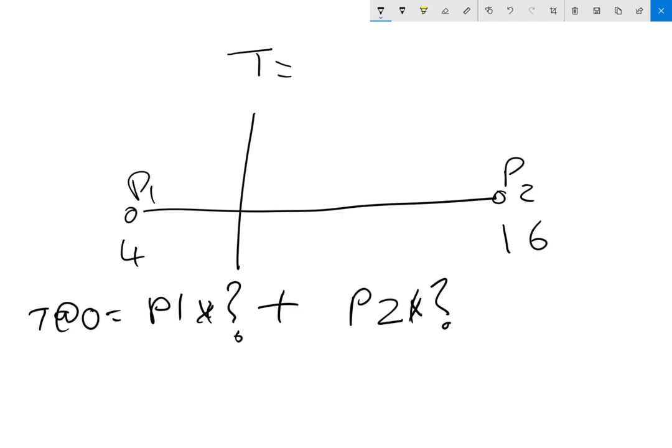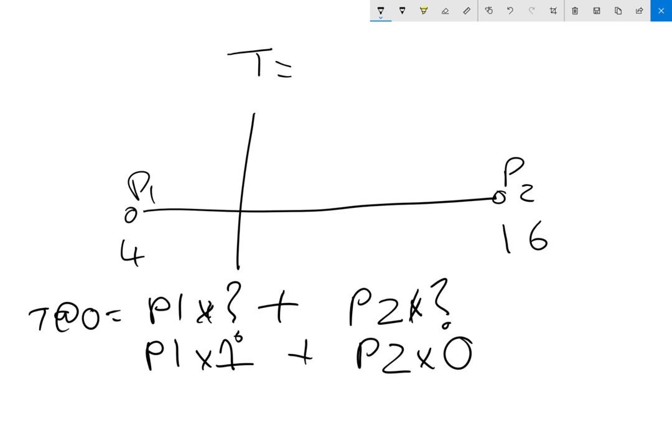And we can say for certain that at T0, it is P1 times 1, plus P2 times diddly squat. Right, because P1, which is 4, times 1 is 4. And P2 times 0 is 0. And 4 plus 0 is 4. So that works for that particular case.